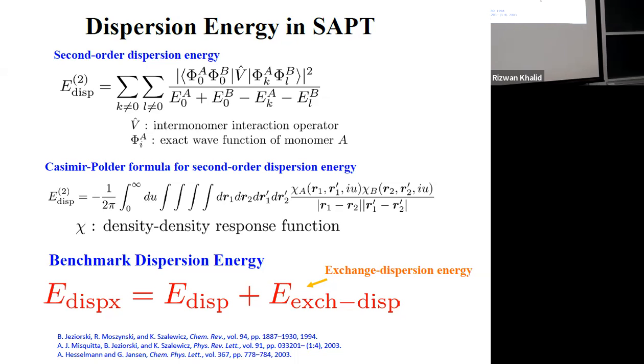That's actually the effect of using anti-symmetric wave function in the dispersion expression. So the benchmark quantity here, Edisp(x), involves dispersion energy and exchange dispersion energy. That represents actually the total quantum mechanical magnitude of the dispersion interactions in quantum mechanics.